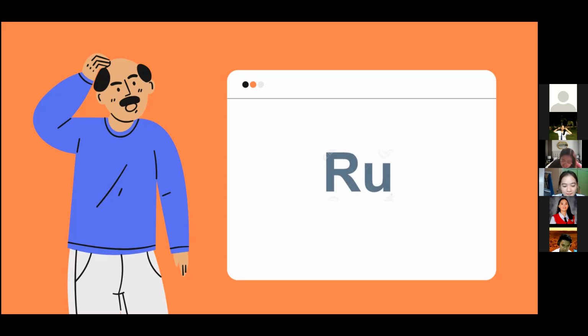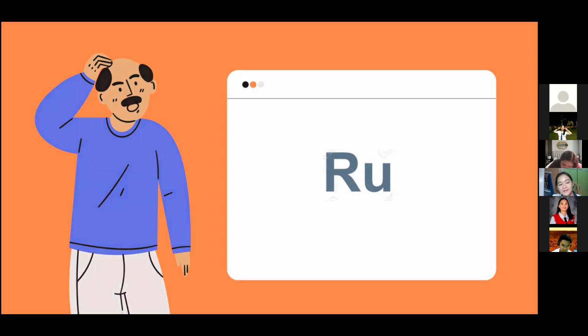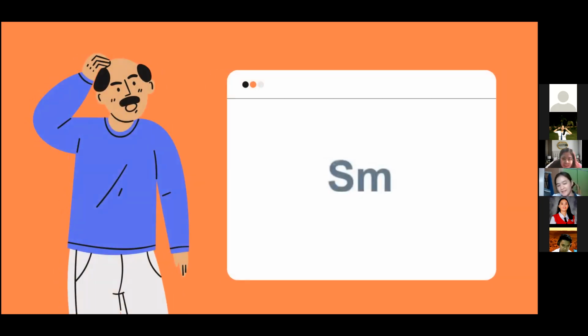Atomic weight niya is, pwede hindi yung naka-round off. Sige, kung ano yung nakita mo dyan. 192. Yes, 192.